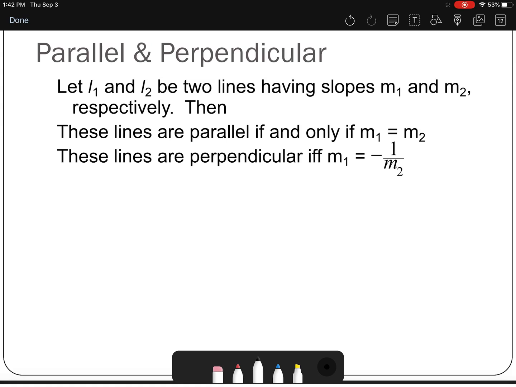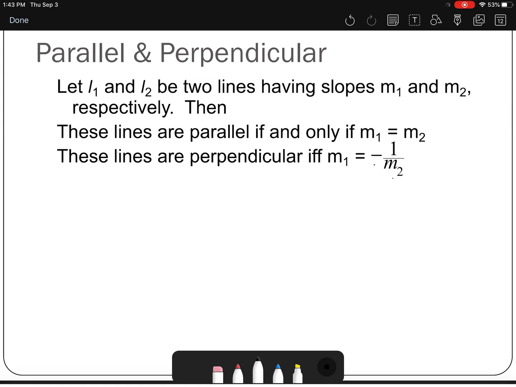Also with lines, parallel and perpendicular. You remember from geometry last year, parallel means two coplanar lines that do not intersect. Perpendicular means two lines that intersect in a right angle. Well, when it comes to lines and linear equations, they're parallel if they have the same slope.